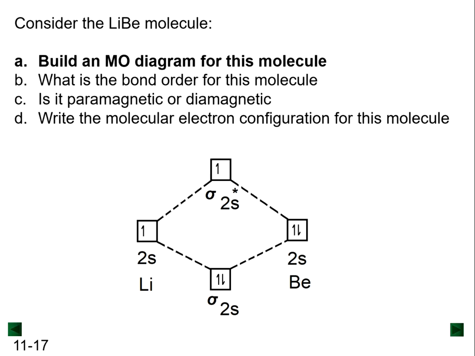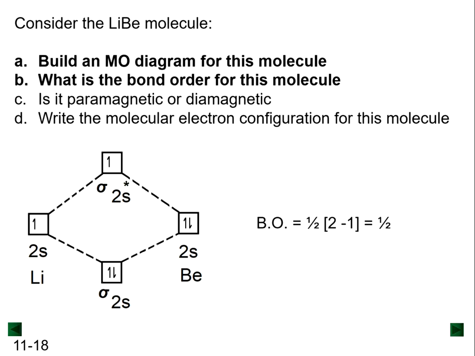And we use the 2s subscript to indicate that the sigma, the bonding molecular orbital, came from a 2s atomic orbital, and likewise the sigma star 2s came from a pair of 2s atomic orbitals. So bond order for this system is fairly straightforward.